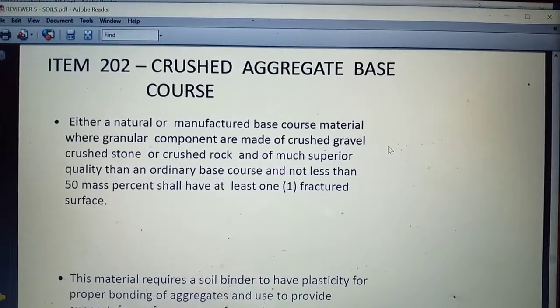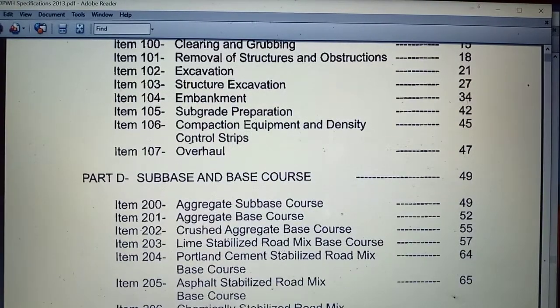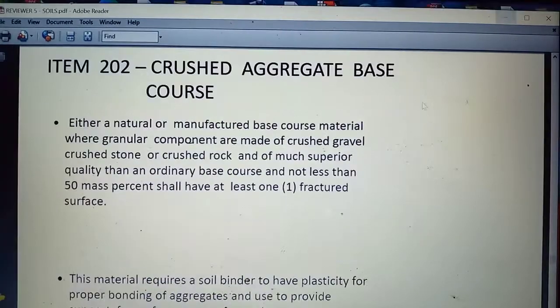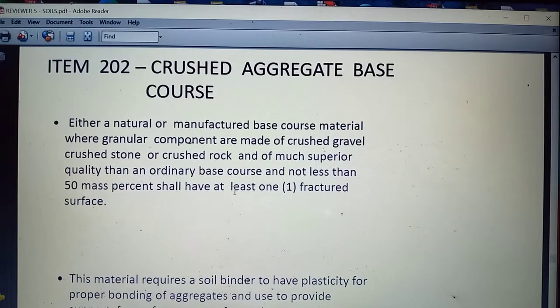And then we have crushed aggregate base course. So just like item 201, ito, actually 202 din siya, oh. Yan. So either a natural or manufactured base course material where granular components are made of crushed gravel, crushed stone, or crushed rock, and much superior quality than the ordinary base course, and not less than 15% shall have at least one fracture surface.